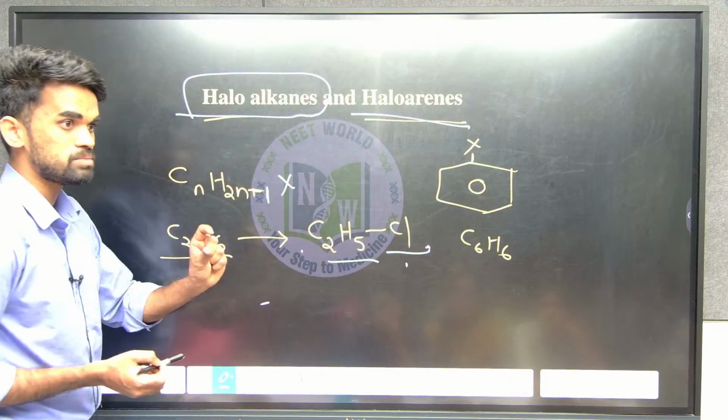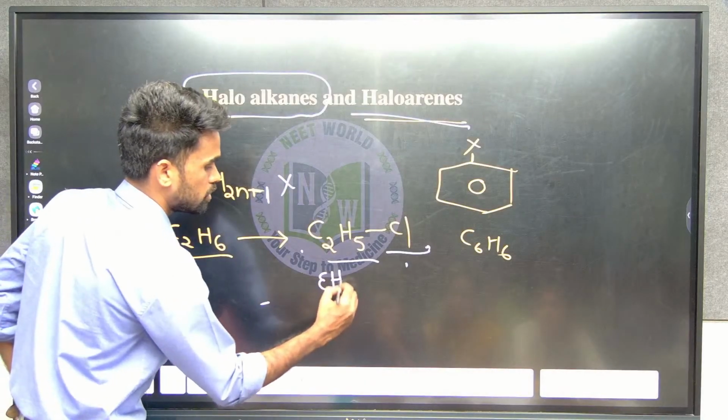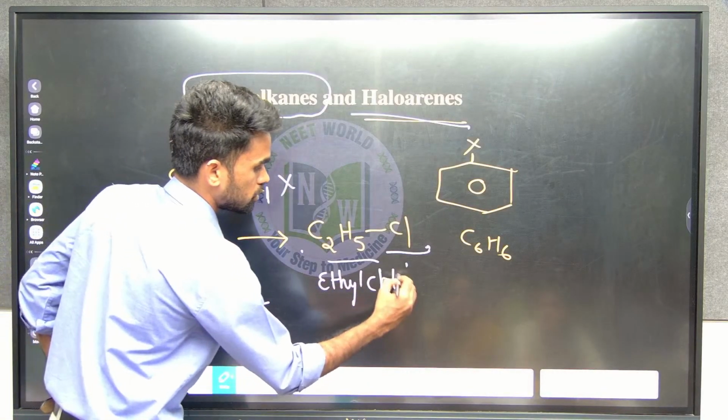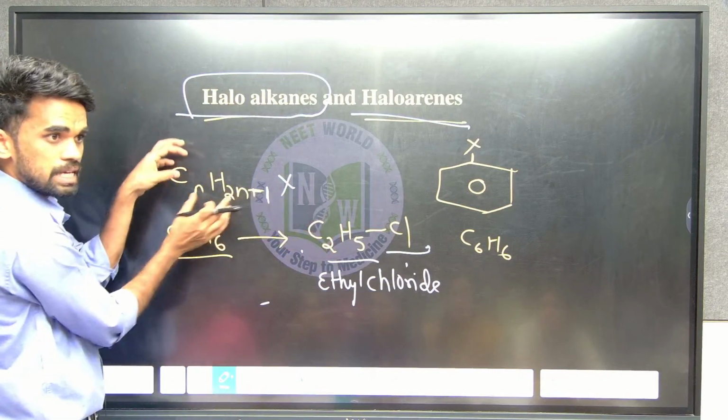Now when it comes to their IUPAC nomenclature and common names, the common name, also called the trivial name, of this compound is ethyl chloride, like alkyl halide. The common name is alkyl halide.